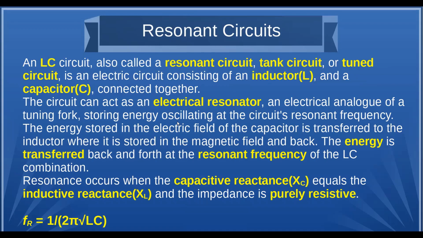When it gets up to where it's charged up, then that charge decreases and that current starts charging up the inductor. So the energy is going from the electric field to the magnetic field and then back again. And this goes back and forth. If there was no loss, then it would oscillate forever.